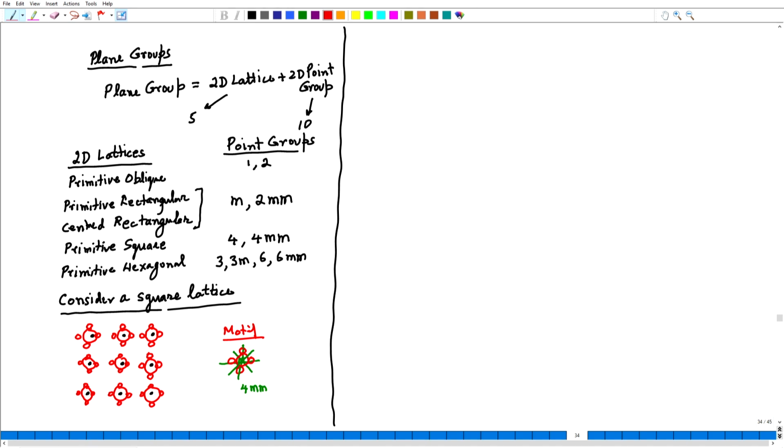I have decorated all the lattice points with this particular motif. Now, if I look at it, this pattern that is created has fourfold at every lattice point.